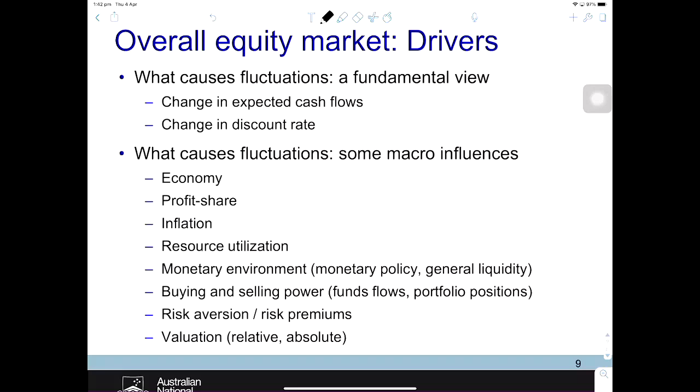So we're going to focus on resource utilization. I have asked you to read about monetary policy and related topics. These relate to how the central bank interprets recent market developments, and their mechanisms, tools and methods of manipulating the growth of the economy.